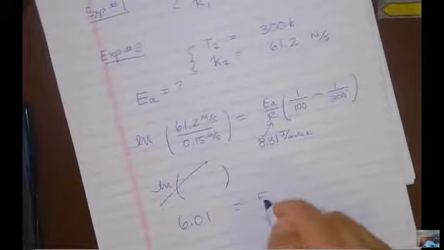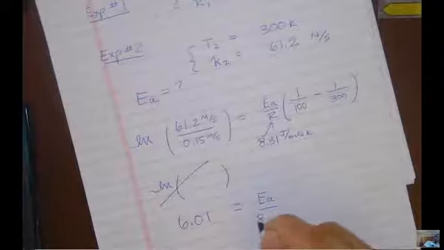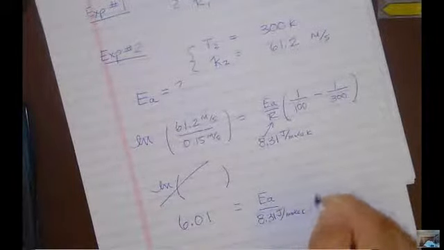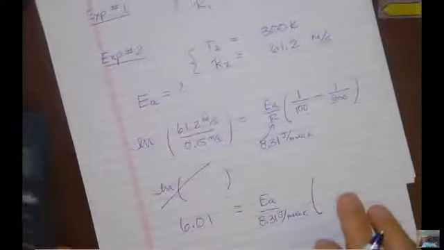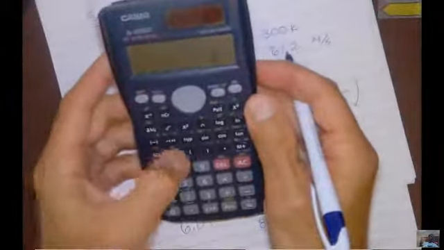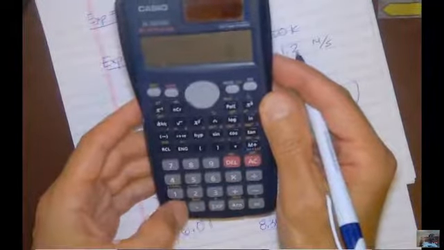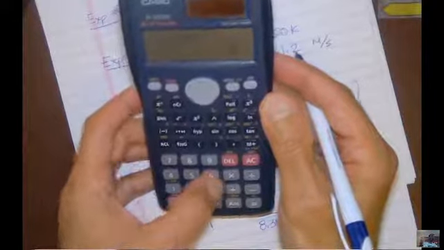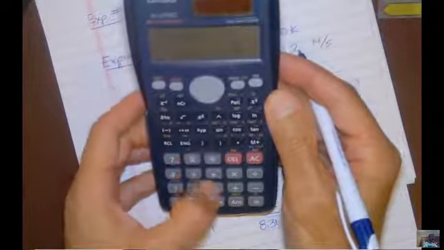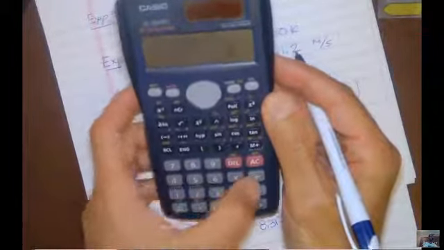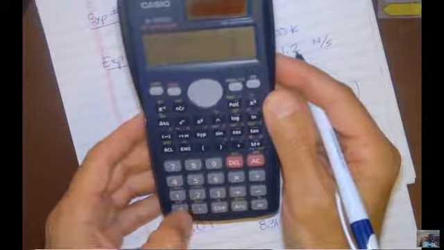Okay, here I have EA, which I'm going to solve for, over 8.31 joules per mole Kelvin times, let me get this whole part. I can do that in parentheses too. So open the parentheses, 1 divided by 100, close the parentheses, minus, open the parentheses, 1 divided by 300.